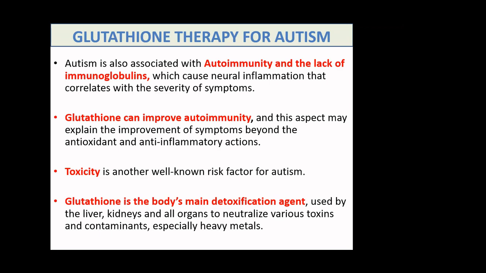Toxicity is another well-known risk factor for autism, and glutathione is the body's main detoxification agent, used by the liver, kidneys, and all organs to neutralize various toxins and contaminants, especially heavy metals. So you can see, beyond its antioxidant action, glutathione helps in autism through its immune modulating action and its detox action.